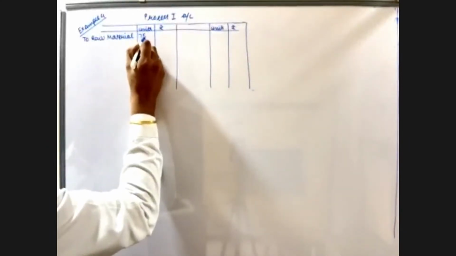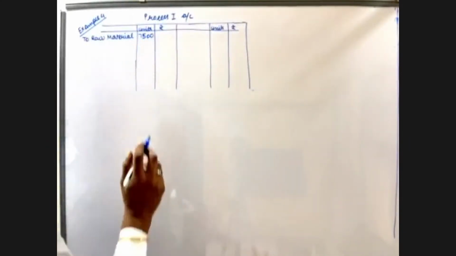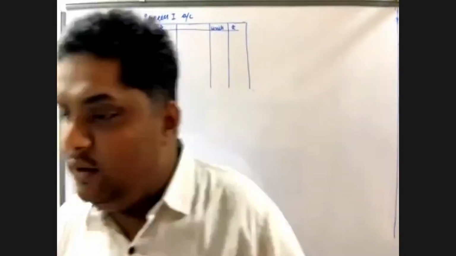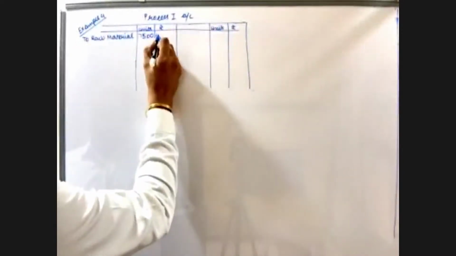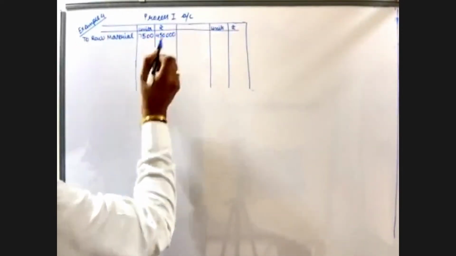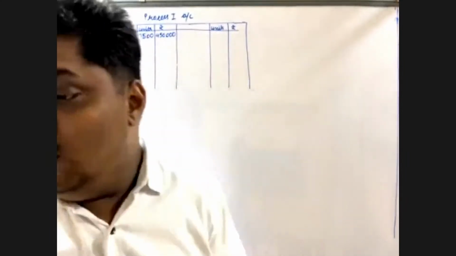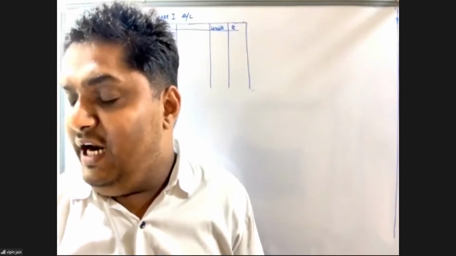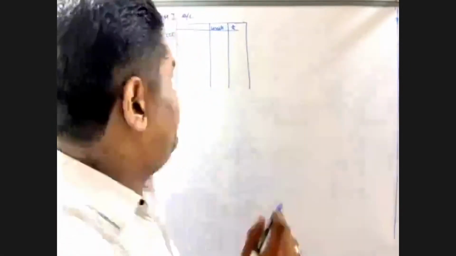The raw material introduced in process first is 7,500 units, and the rate of raw material is rupees 60 per unit. So this will be 4,50,000. Further, the direct wages are 1,35,750.